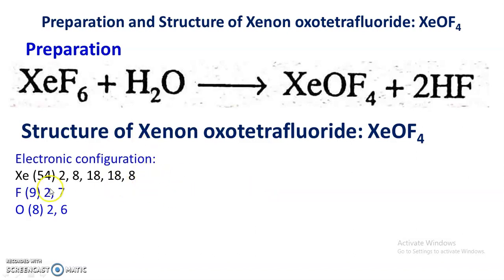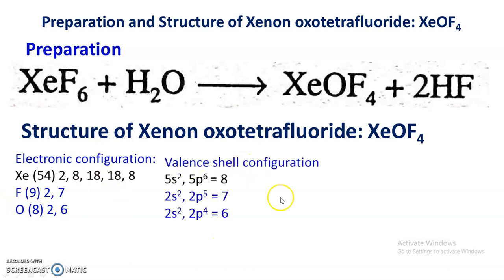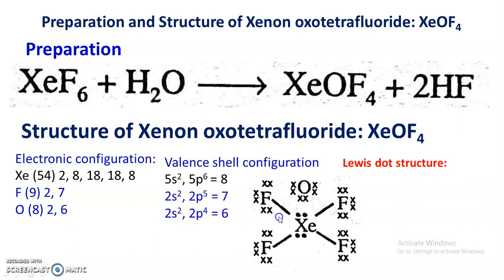This is the electronic configuration of xenon, fluorine and oxygen. Valence shell electronic configuration for xenon 5s2 5p6, fluorine 2s2 2p5, and oxygen 2s2 2p4. Again the Lewis dot structures for xenon oxo tetrafluoride, 2 possibilities are there.